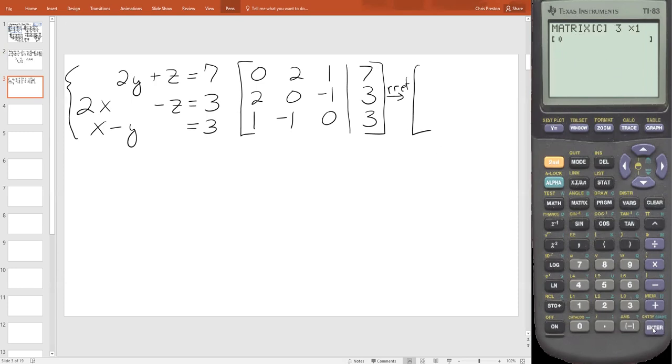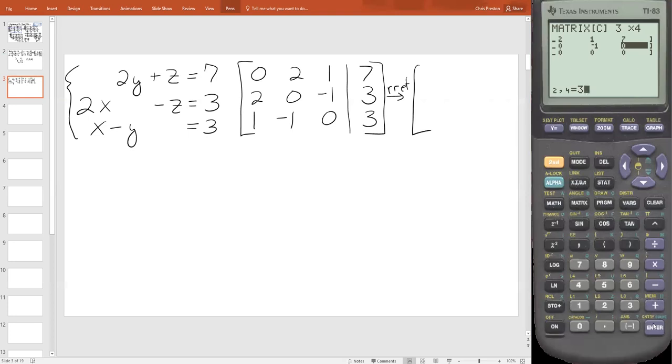So this is a 3 by 4. And again, I'm just going to go through and plug my numbers in. 0, oops, getting ahead of myself. 0, 2, 1, 7. And if you just hit enter every time, it'll just move you along row by row.